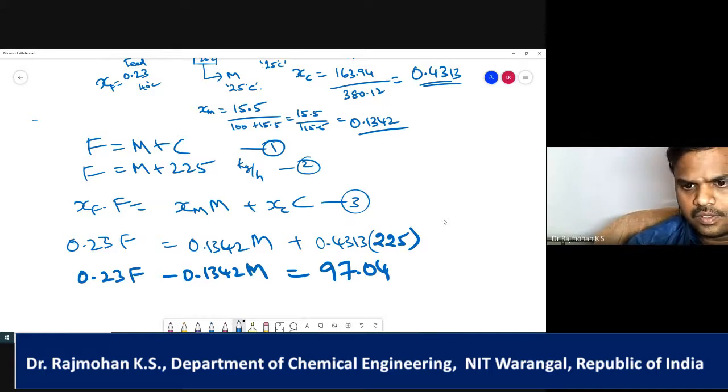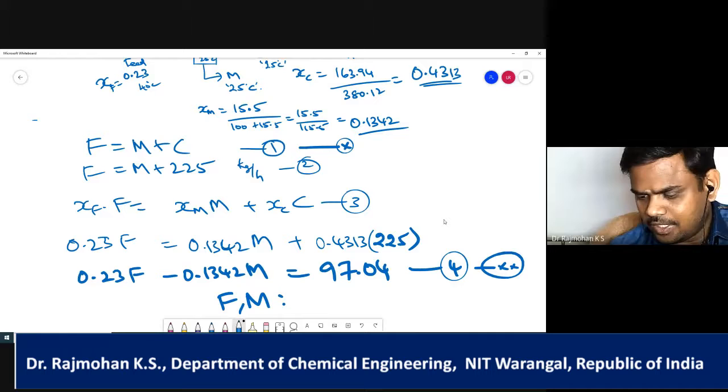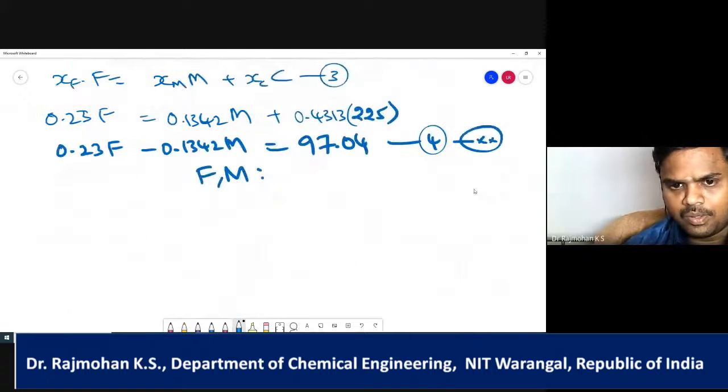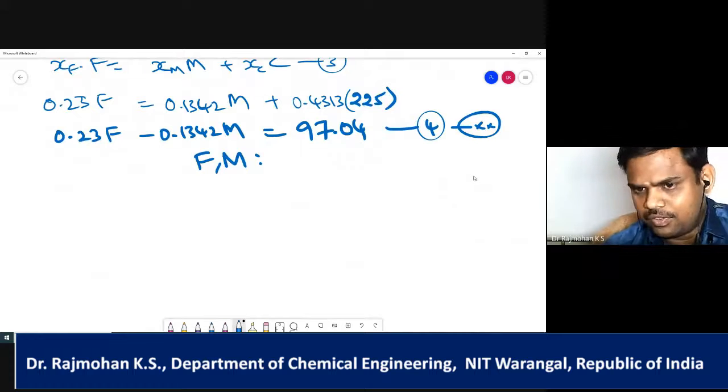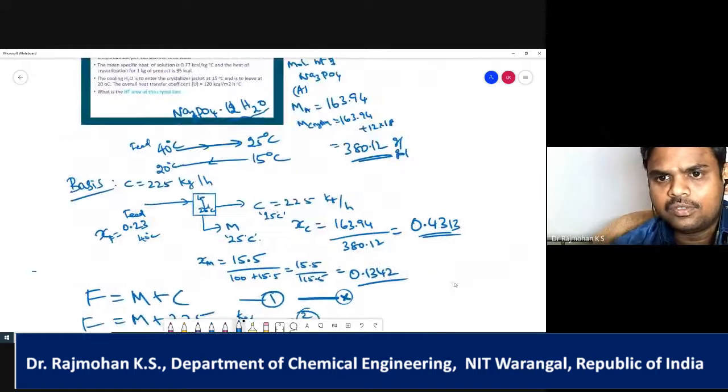Let it be equation number 4. So solving this and this, we will get the values of F and M. I have already shown in the previous two problems how to simplify that. So now you should be able to do it yourself. Get the F and M value.